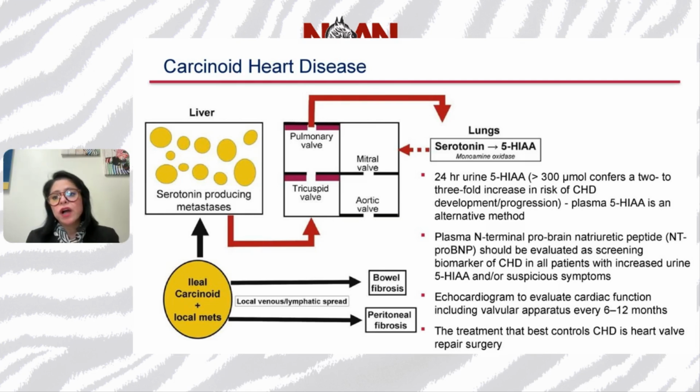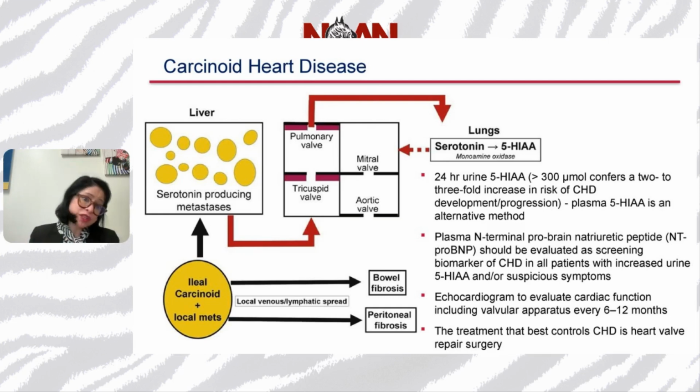There is also a blood test called pro-brain natriuretic peptide. We call it pro-BNP. This is a protein that is produced by the heart. We use it a lot in patients with heart failure, and there may be a correlation between the levels of BNP and the risk of developing carcinoid heart disease.